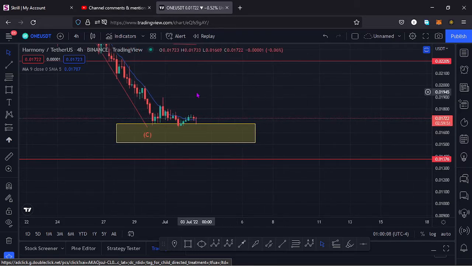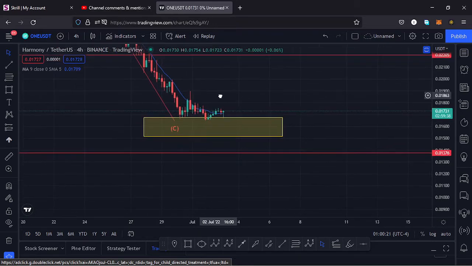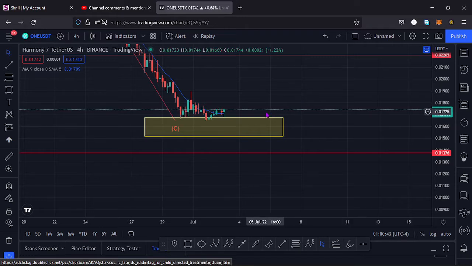But for that to happen, I expect to see increased volume in the market and also higher prices on the Bitcoin chart, because I believe Harmony One has not decoupled from what Bitcoin is doing. Here on the 4-hour chart you can see that at the moment we have support on this area down here, and also support on the 9-day MA.